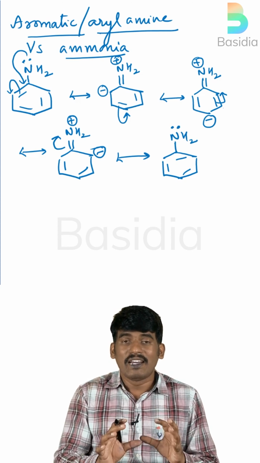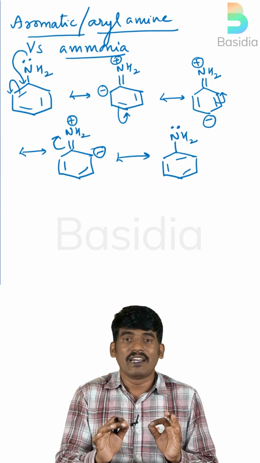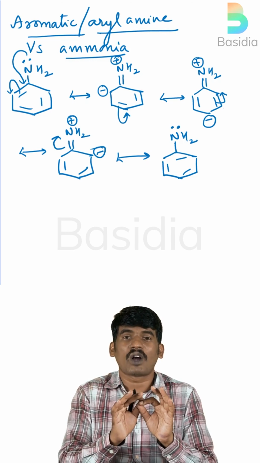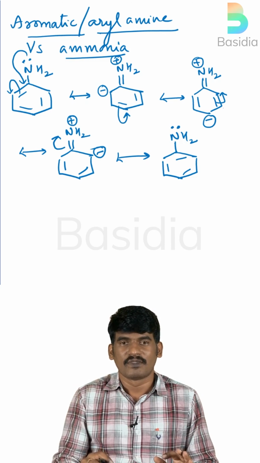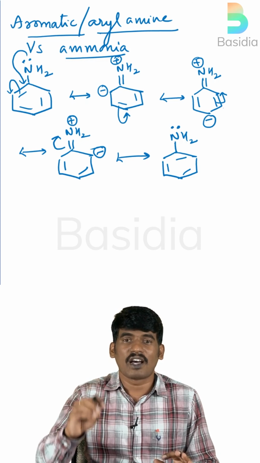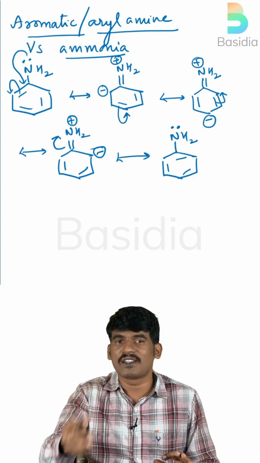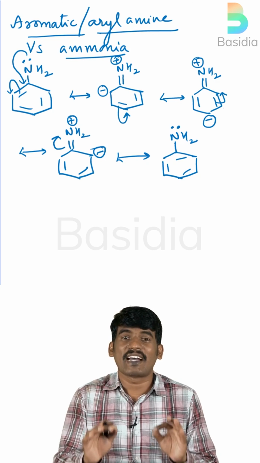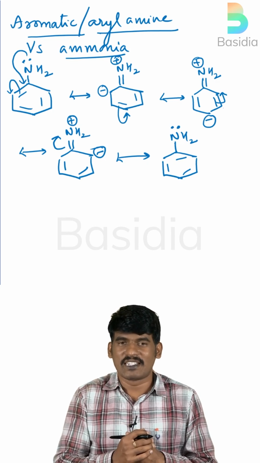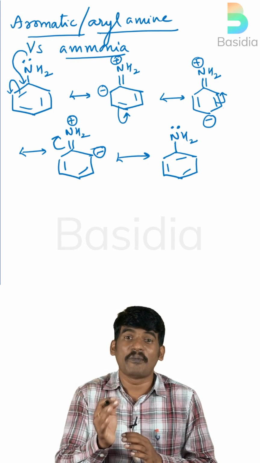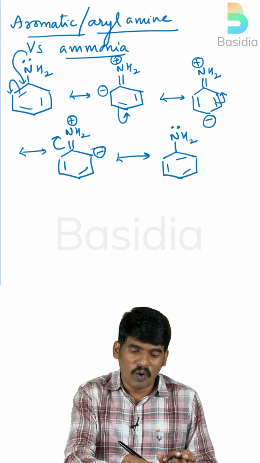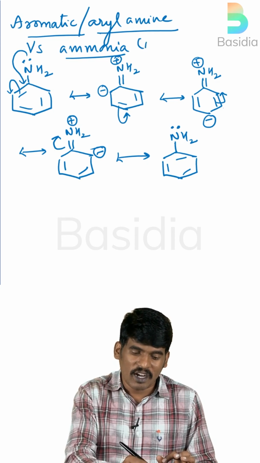So, if you observe, in aniline the lone pair of electrons is not available for donation. Those lone pair of electrons are involved in resonance with the benzene ring. Hence, it can act as a weak base compared to ammonia. In ammonia, the formula is NH3, and in that, the lone pair of electrons is available.